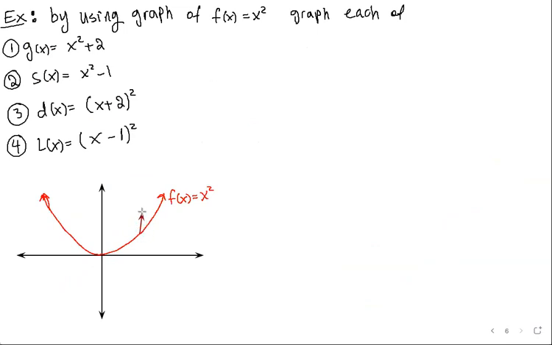So 2 units to the up. Suppose this is 2 units here. So the new graph looks something like that. This is g of x equal x squared plus 2.